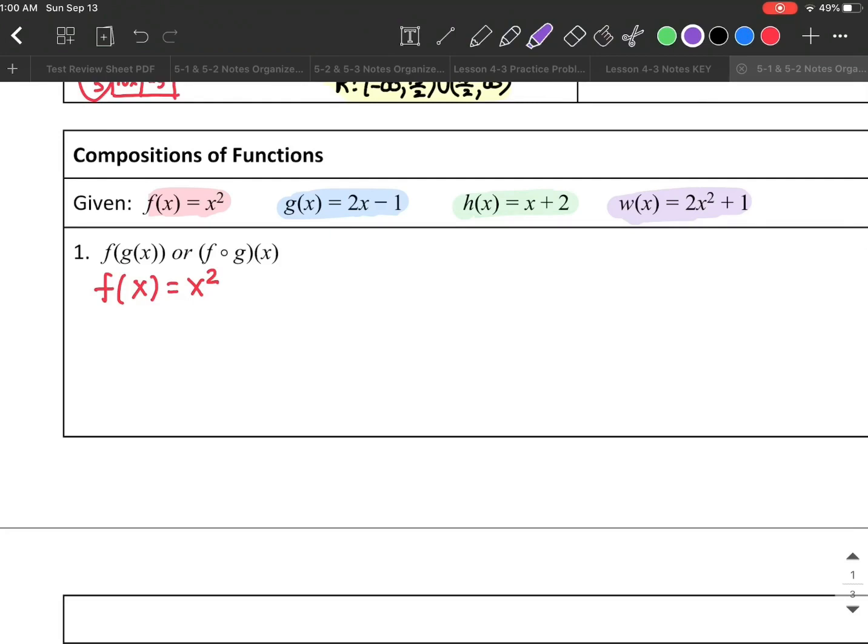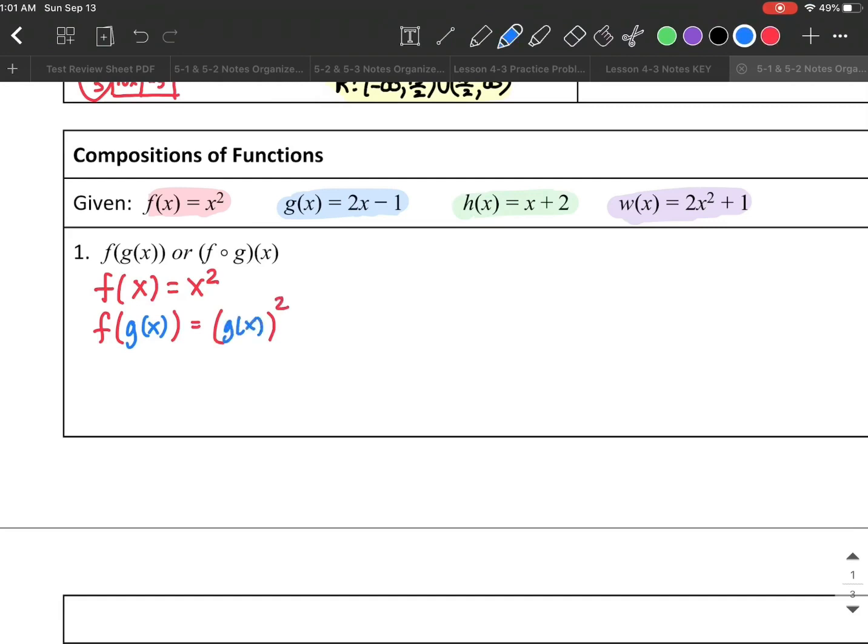What I want to do is I'm going to do f of g of x. And then instead of wherever I see x, I'm going to plug in g of x. So I'm going to take g of x and square it, whatever g of x is.